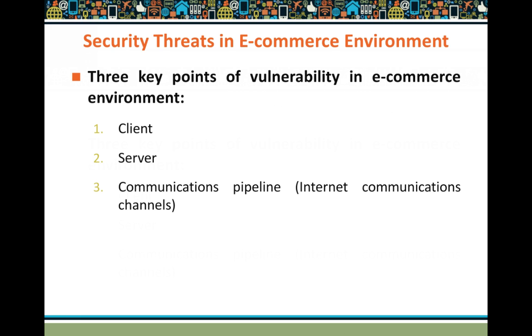So we have 3 points of vulnerability through which an attack can come to an e-commerce environment: attacks can come through the client side, from the server side, or through the communication channel. These are the 3 points of vulnerability through which you can expect maximum attacks to come.